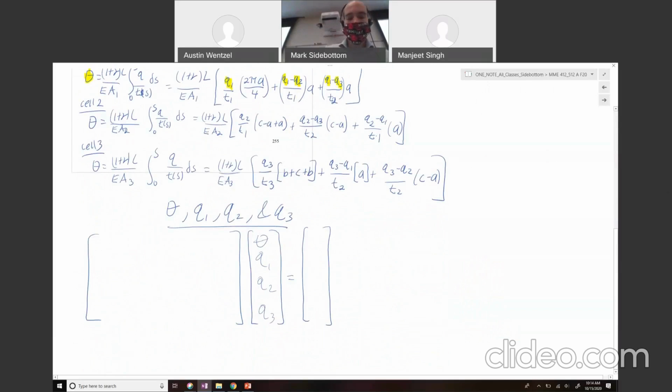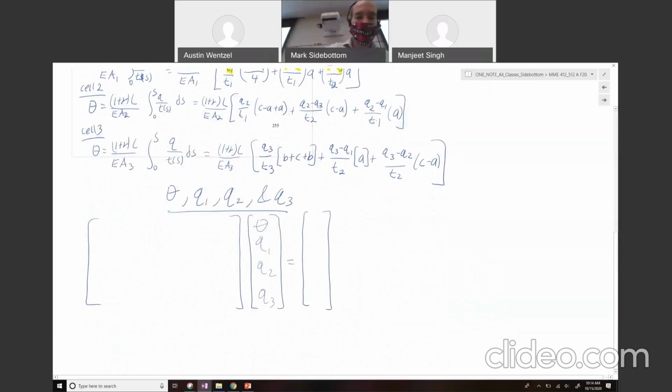So what we'd end up getting is a 4x4 matrix, and these are all known coefficients of these terms. And then you'd have a set of constants that are known.